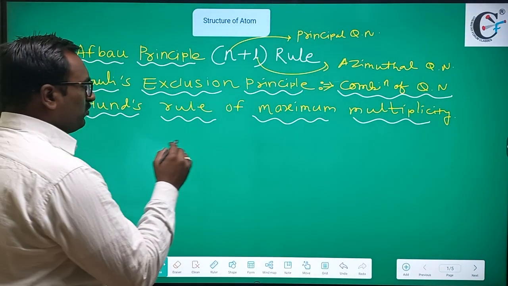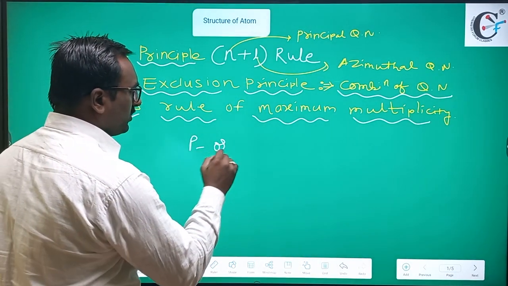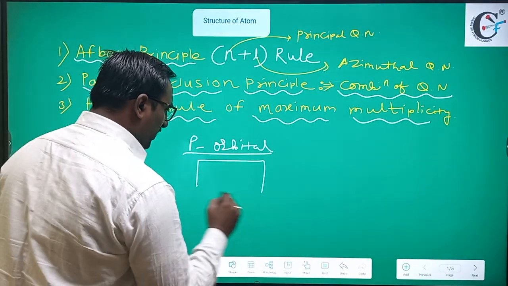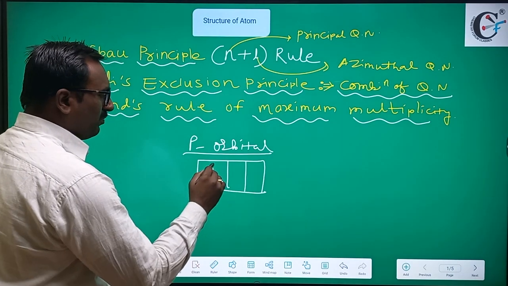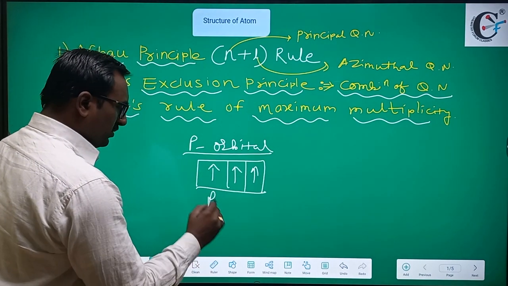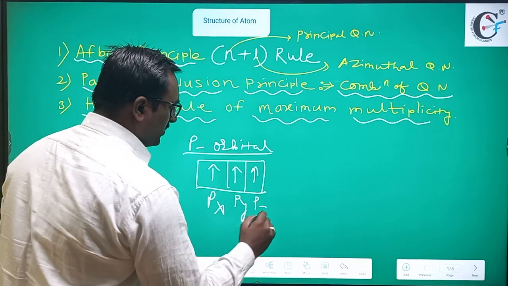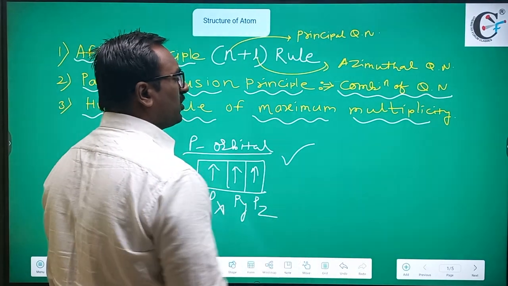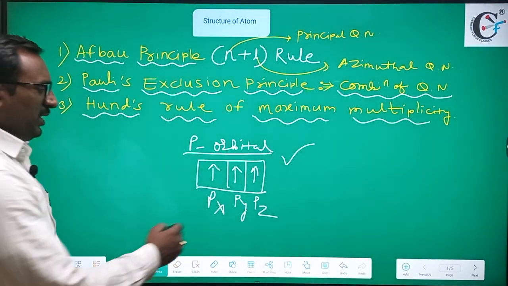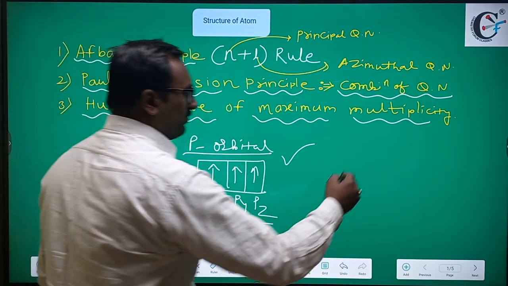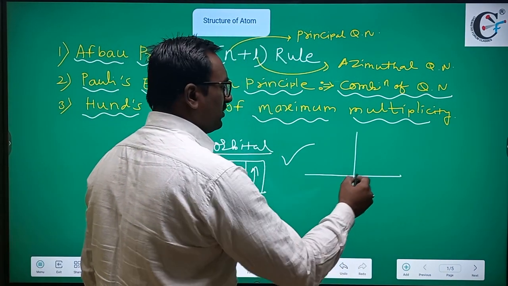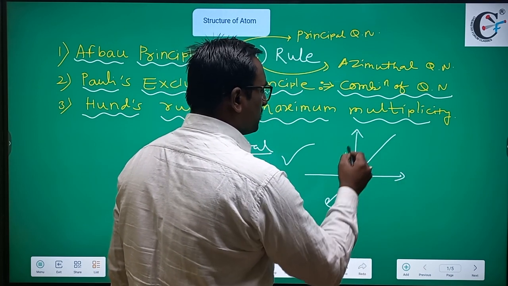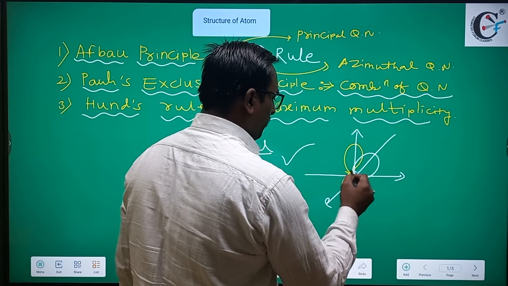Suppose I have the orientation possible, that is p orbital. Now this p orbital, we have 3 orientations of p orbital: px, py, and pz. According to Hund's rule of maximum multiplicity, this is the correct electronic configuration. Px, py, pz are the shapes of orbital.